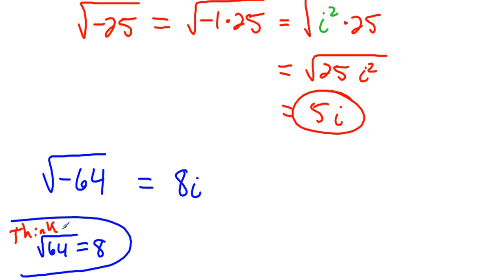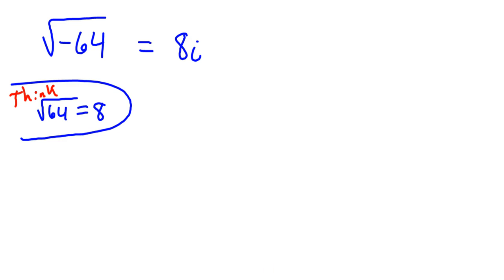Okay. Now, they're still going to make you have different numbers that they're going to ask you to simplify, so when you're going through this one, you may have to do the square root of negative 40, where it's not a perfect square number. So what you would do is go ahead and take the 40 and break it down.